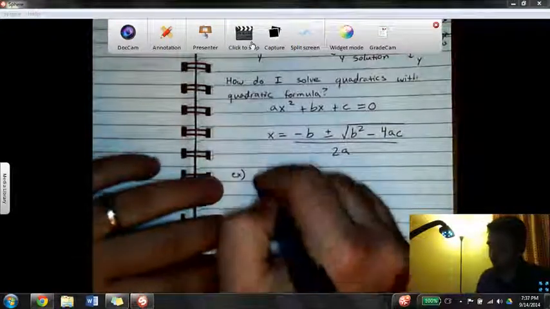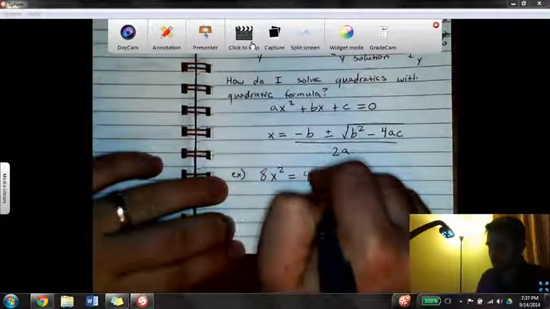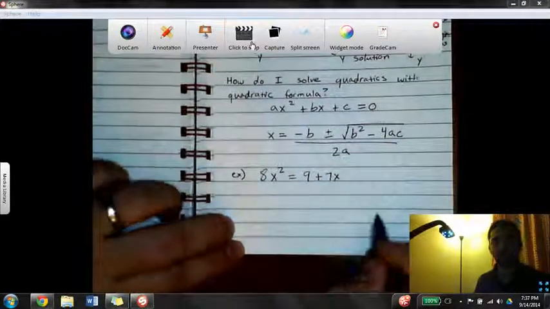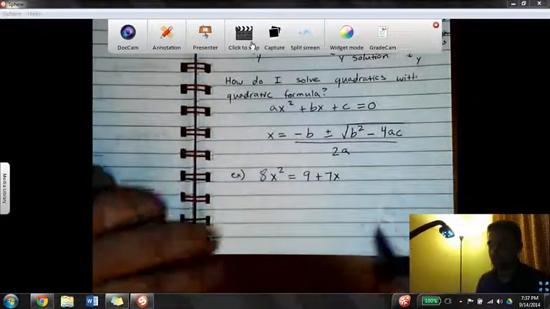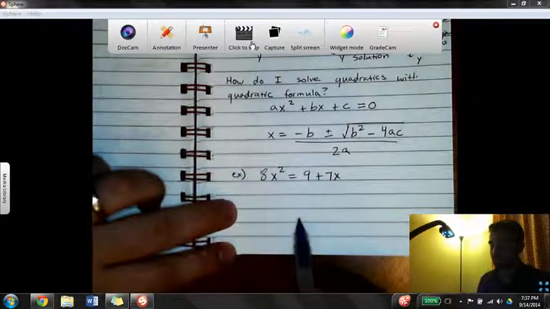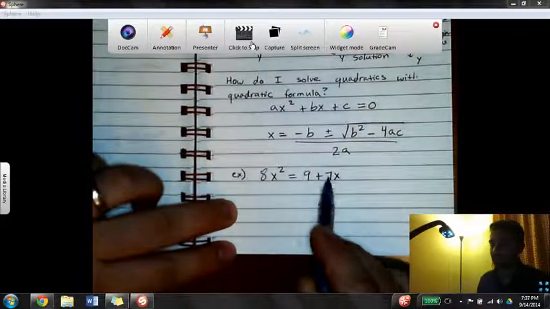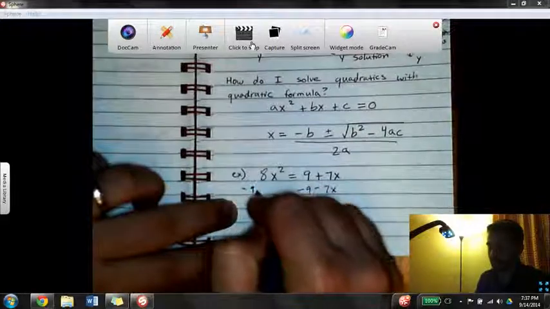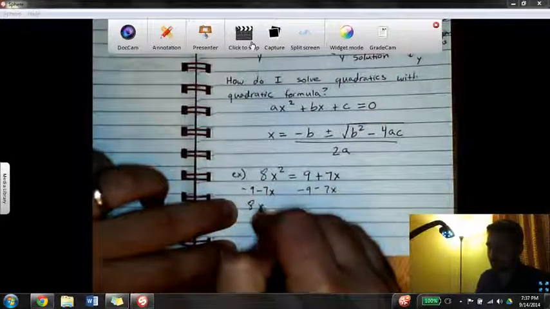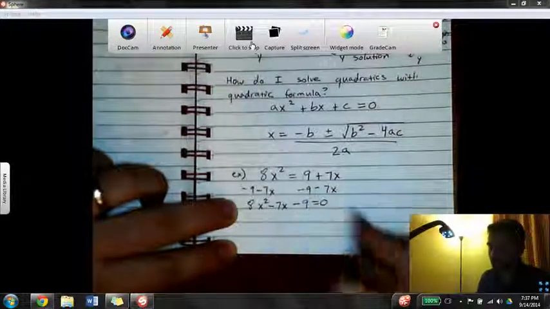If you're given the equation 8x squared equals 9 plus 7x, our first step is to set the entire equation equal to 0, and I'm going to do that by subtracting these terms, 9 plus 7x, from both sides, so that I have an equation in that standard form of a quadratic.